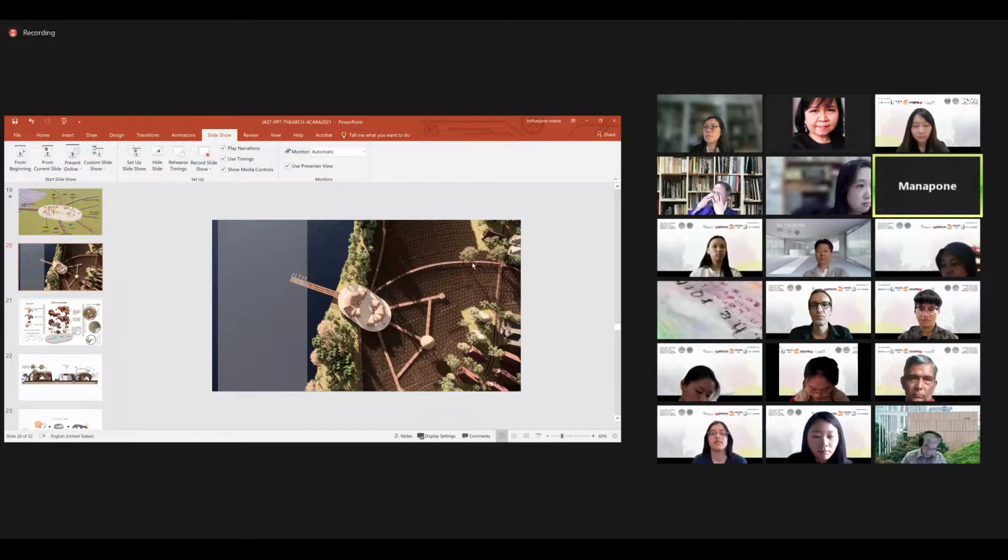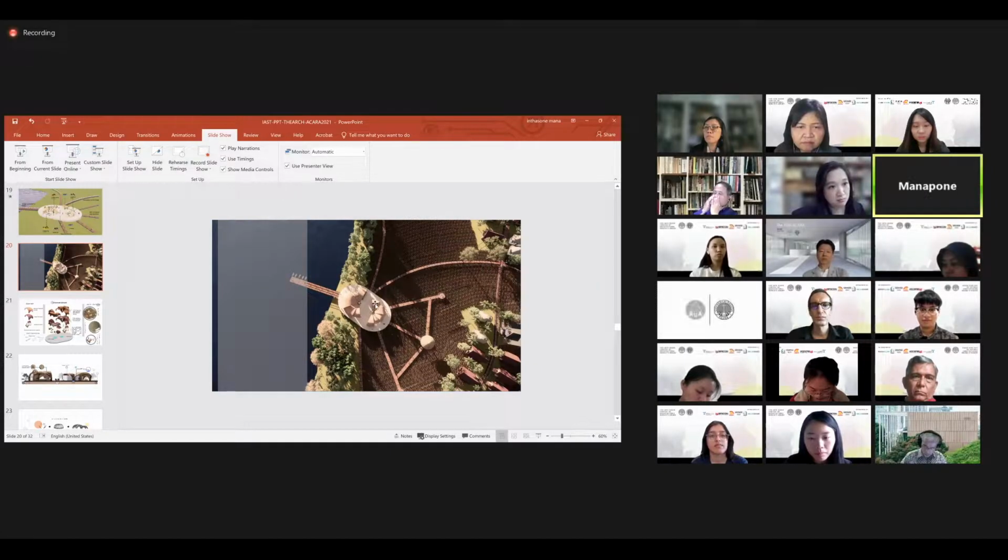I want people from far away or in the country to have the experience in this building. This is my idea.